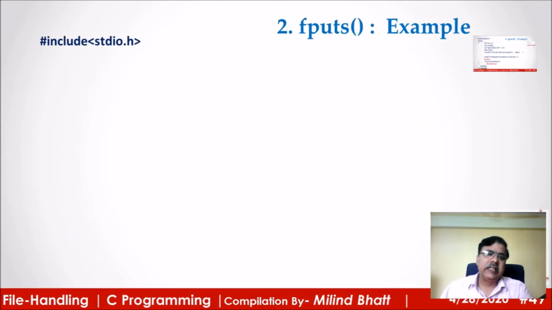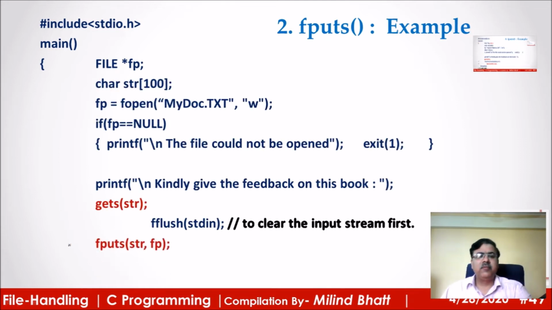Here is its example, a very small example. Let I have file pointer fp. One string named str and it can accommodate 100 odd characters. On fp, I open one file with the mode write and check whether it is openable or not.